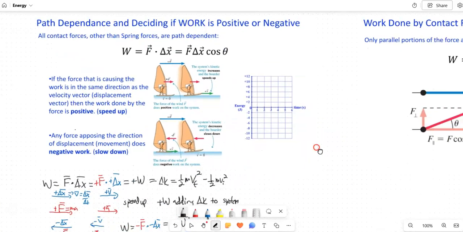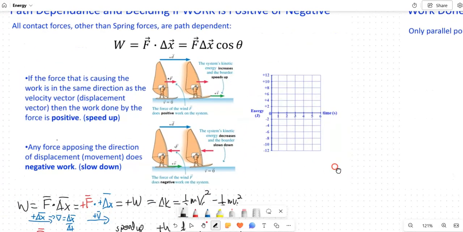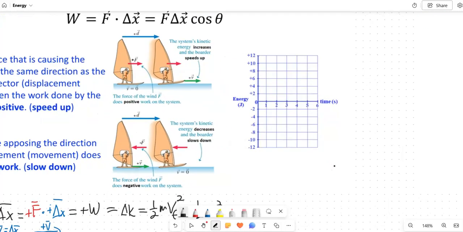Now, if you look at this from the perspective of energy versus time, if somebody's moving at a constant velocity, okay, and let's say they're moving at a constant velocity across the system, 1/2 mv squared, and so their initial kinetic energy is equal to their final kinetic energy, so that constant velocity is going to look like this.